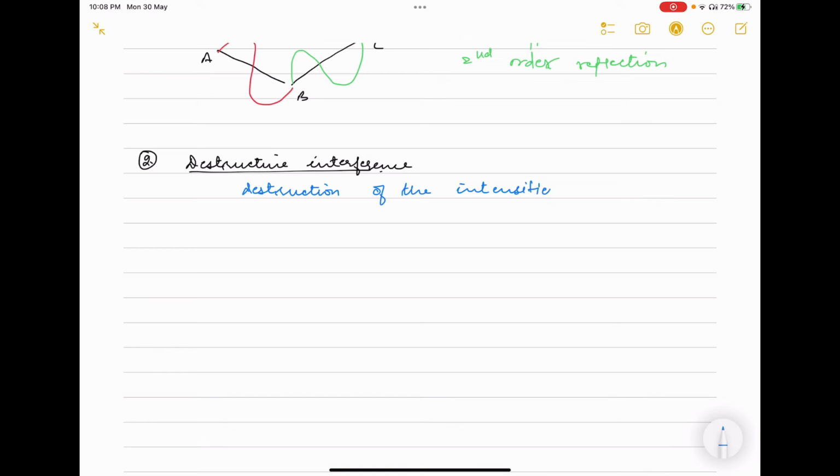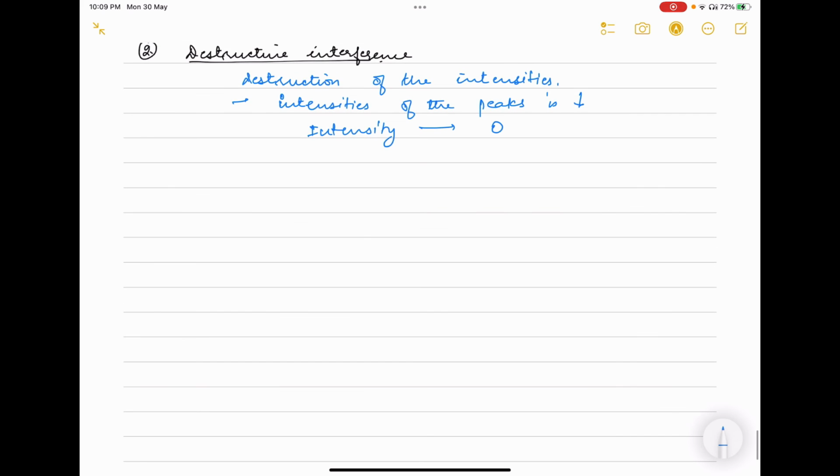So when two waves interfere destructively, the intensity of the peaks is reduced or the intensity becomes almost zero. It can vanish as well. Okay. So now it is easy to visualize what is destructive interference.